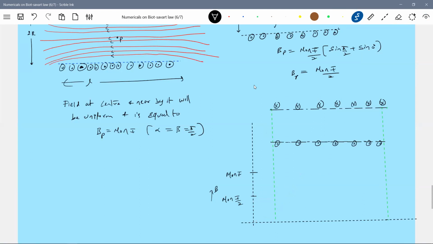I'll draw exactly the curve. Okay, now we ended up correctly.